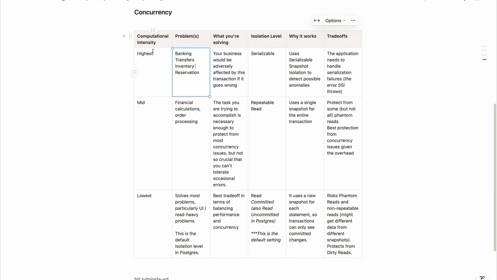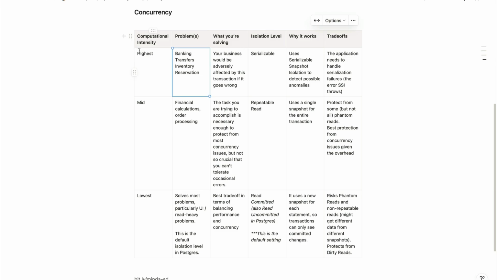So the way that I am talking about it here is that the problem that you're solving, your business would be adversely affected if this transaction goes wrong. So banking transfers, inventory reservations, like your Ticketmaster questions, your Stripe questions.